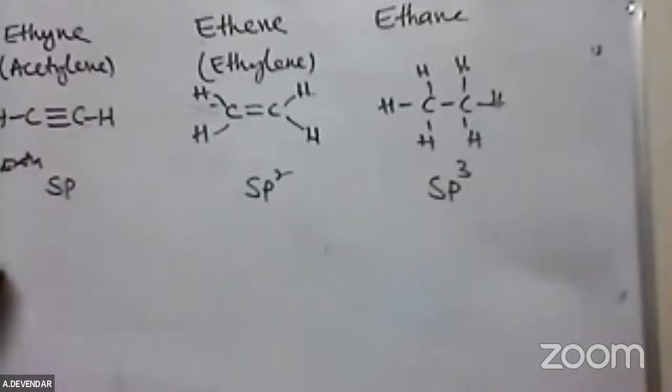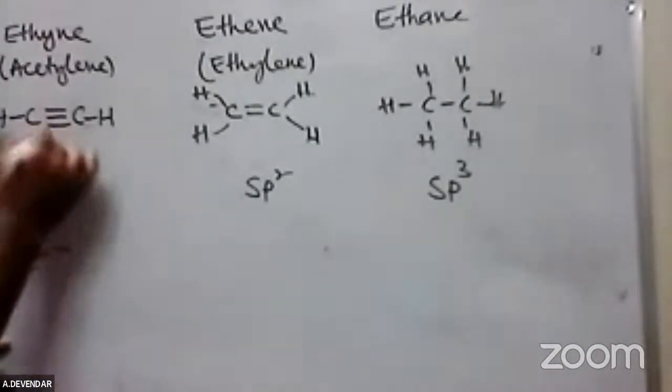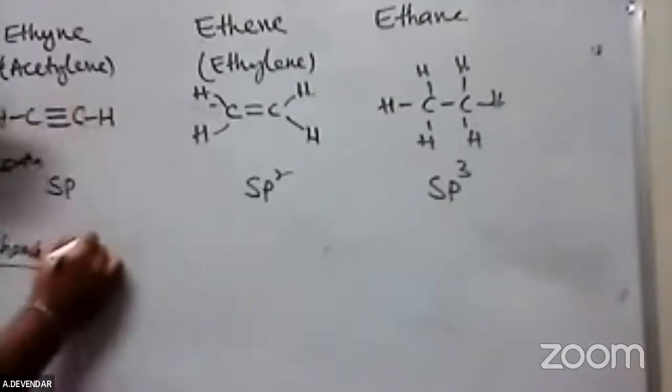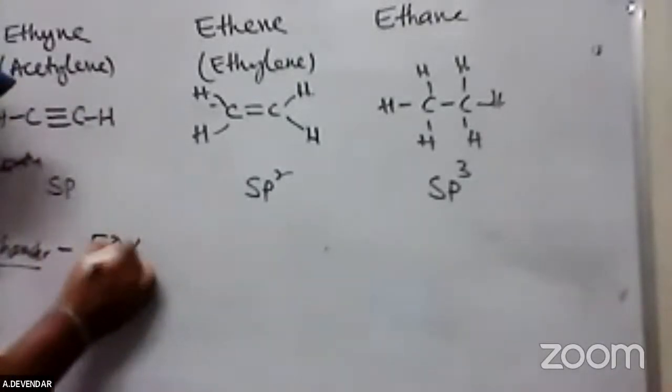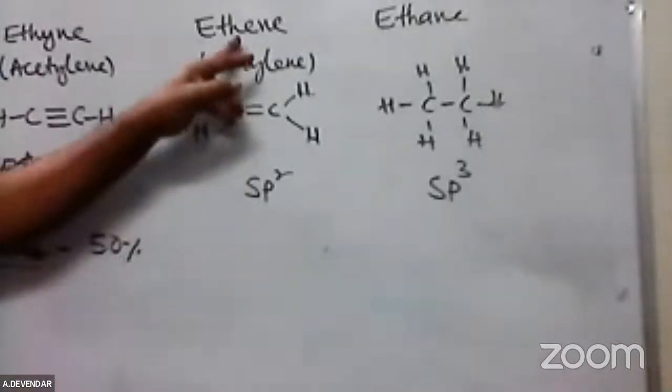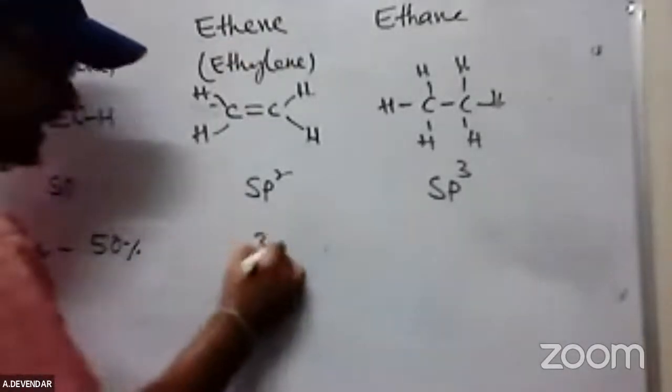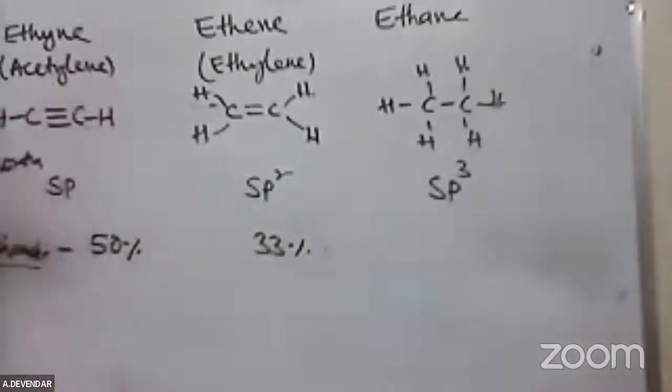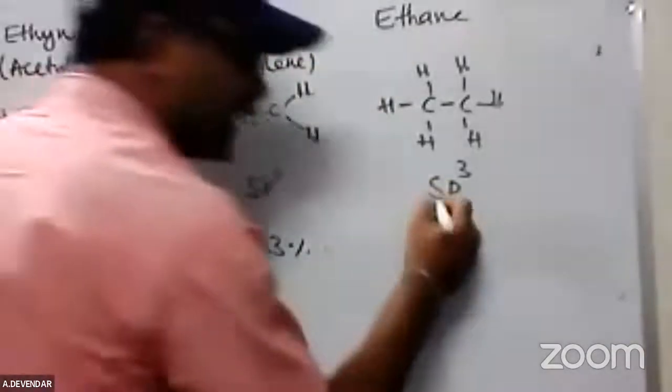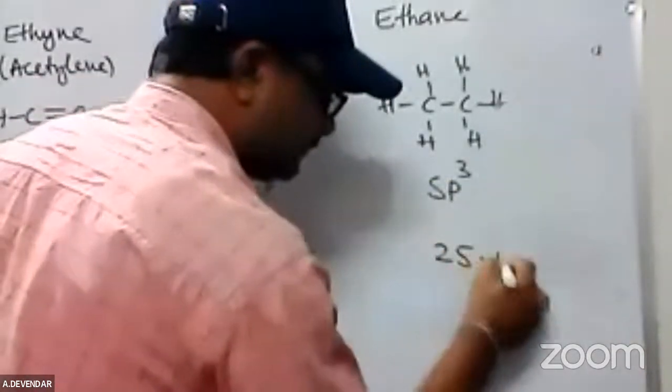Next, the fourth point is s character. How much s character is present in ethyne? In ethyne, the s character is 50%. In ethene, the s character is 33%. In ethane, the s character is 25%.